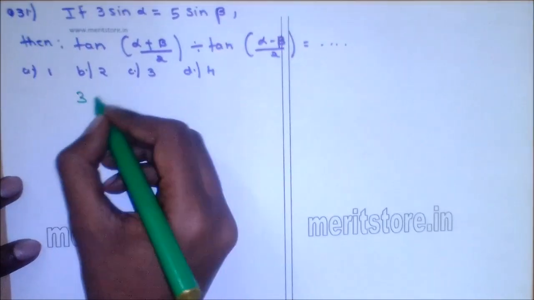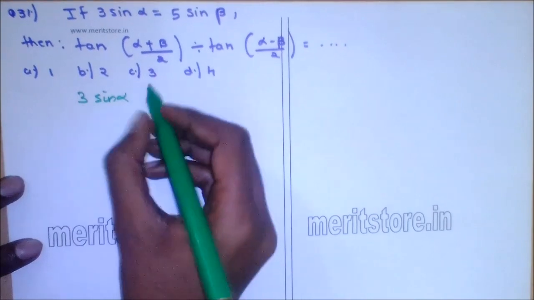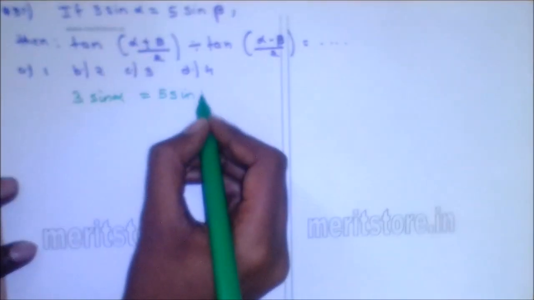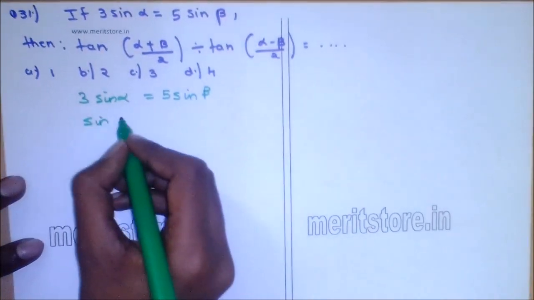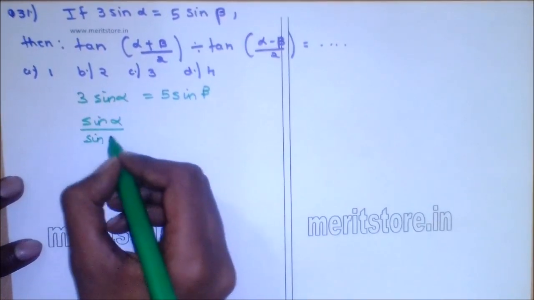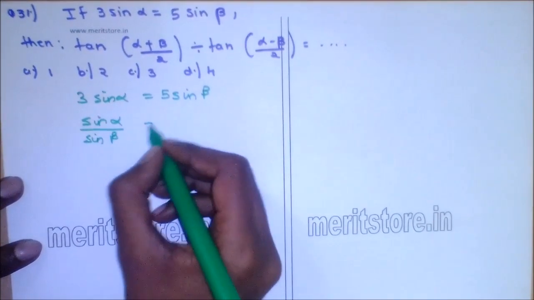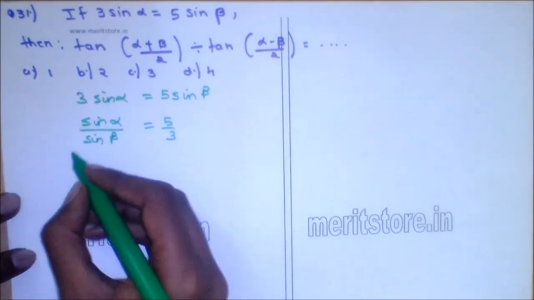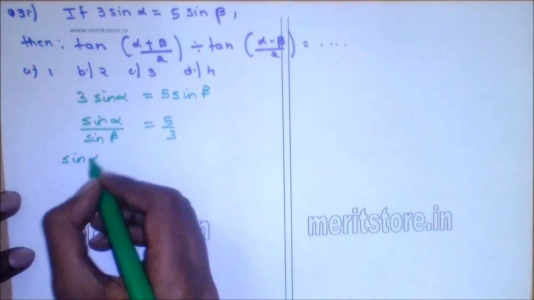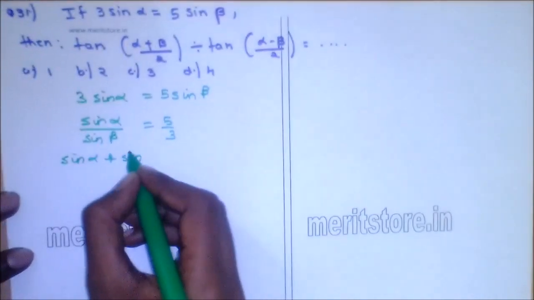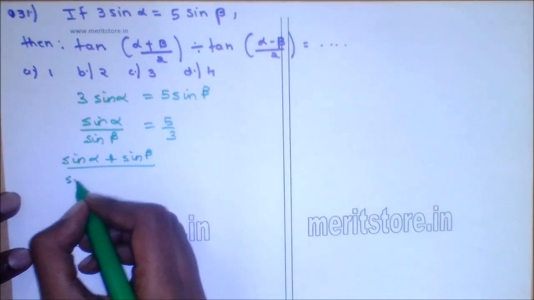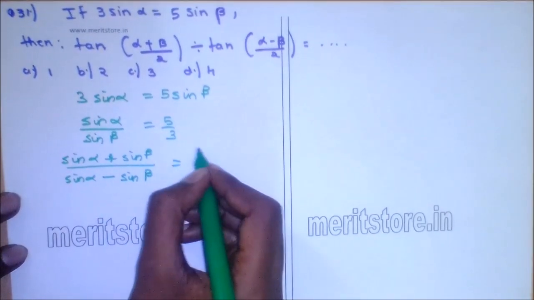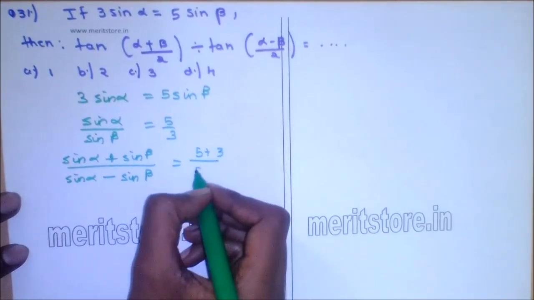So first we take this equation, 3 sin alpha equals 5 sin beta. That is sin alpha upon sin beta is equal to 5 by 3. Now by using componendo and dividendo rule, we get (sin alpha plus sin beta) upon (sin alpha minus sin beta), similarly (5 plus 3) by (5 minus 3).